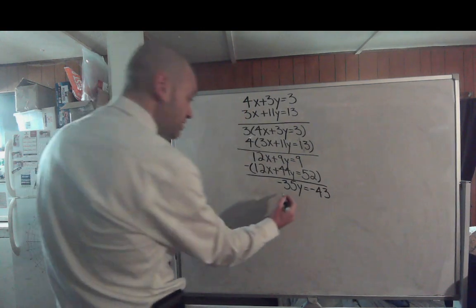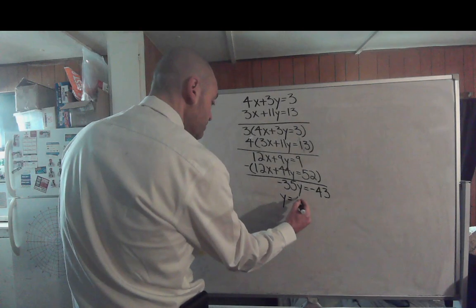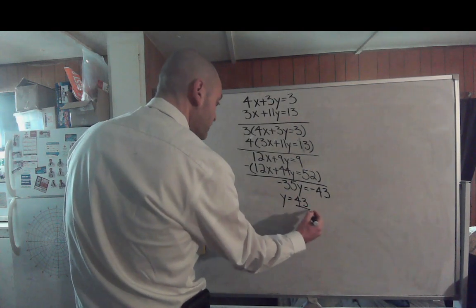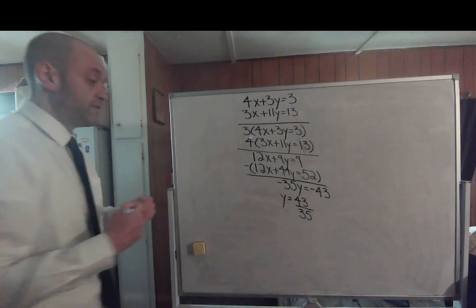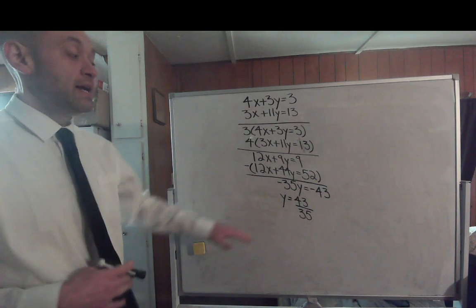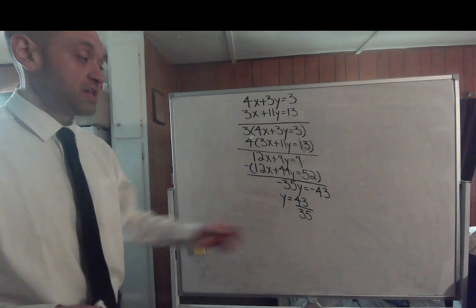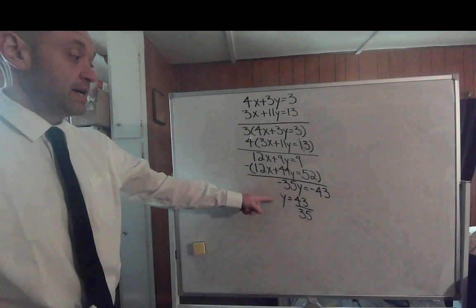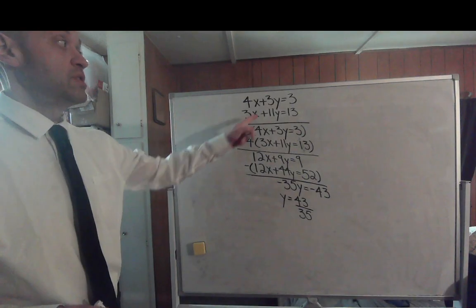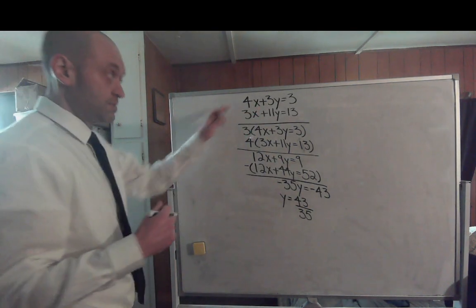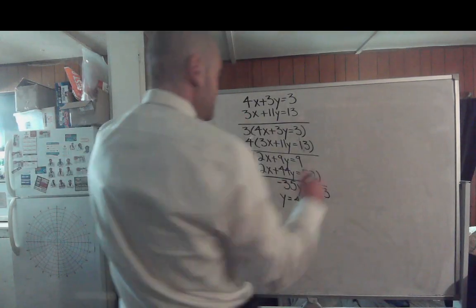So now you just solve for y. You'll get y equals positive 43 over 35. So we found the value of y. And then for your second step, you substitute that y variable into one of these two equations, and then you can solve for x. So let's choose the first equation.